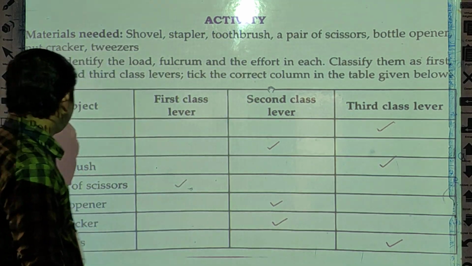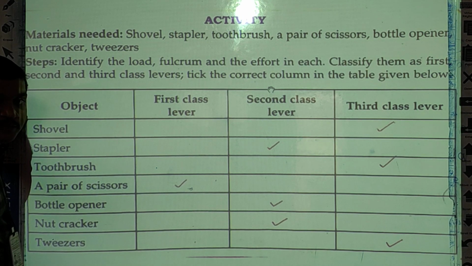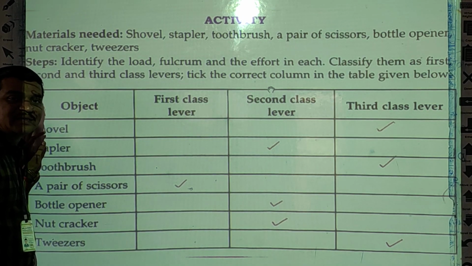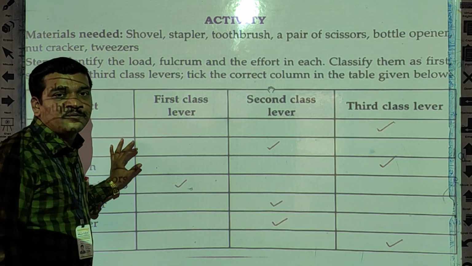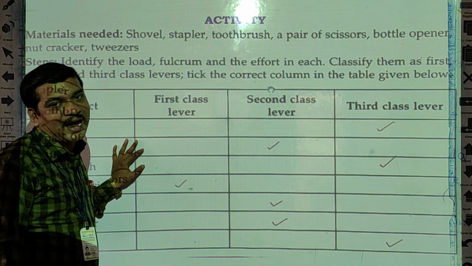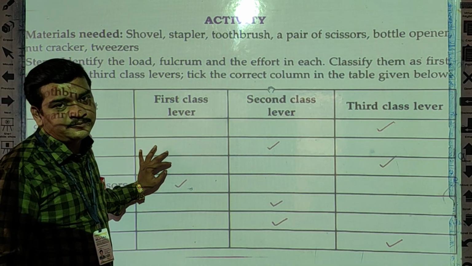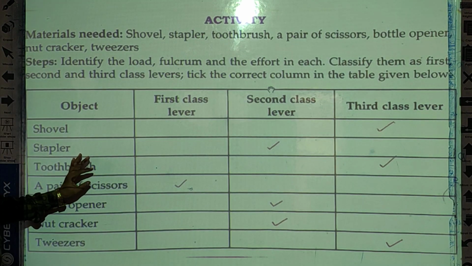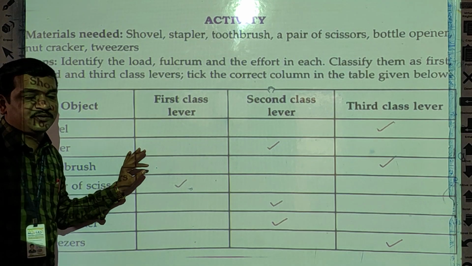Okay students, now first you can see these are the examples. First I will explain what is a first class lever. First class lever means when the fulcrum is present between the load and effort. Second class lever means when the load is present between the fulcrum and effort.